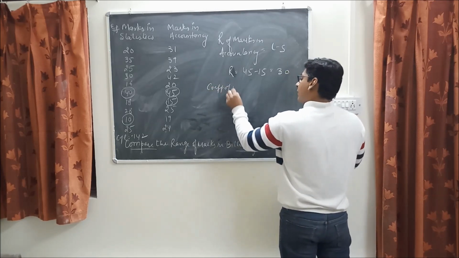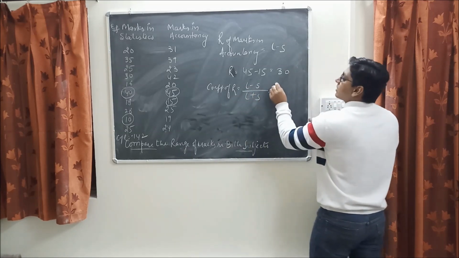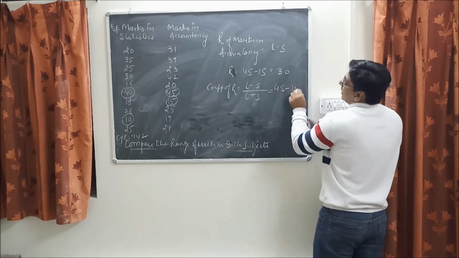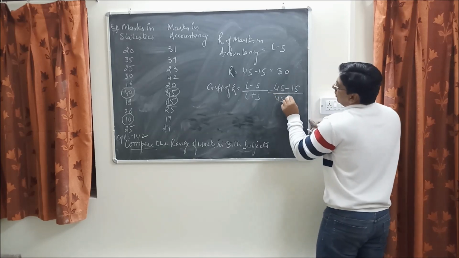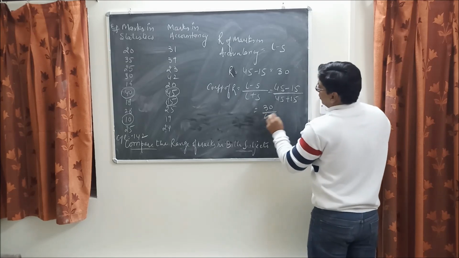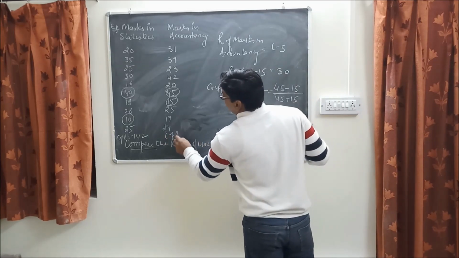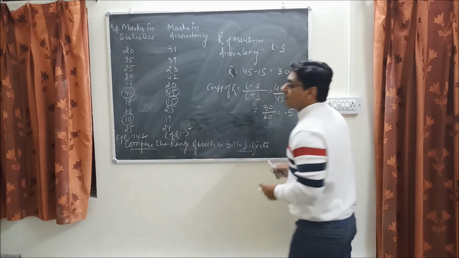Coefficient of range equals L minus S upon L plus S. So 45 minus 15 upon 45 plus 15. It is 30 upon 60, comes 0.5. So coefficient of range equals 0.5.